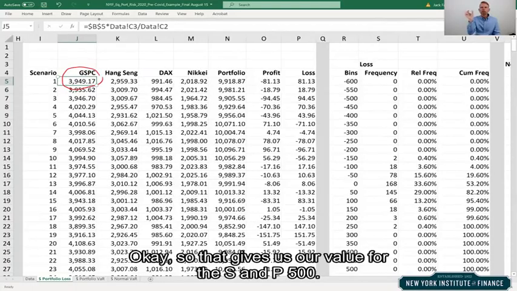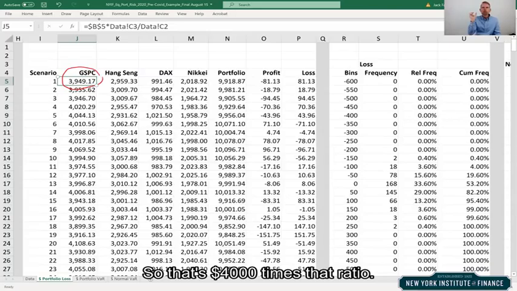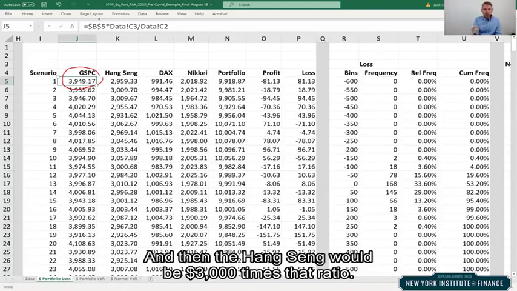Okay, so that gives us our value for the S&P 500. So that's $4,000 times that ratio. And then the Hang Seng would be $3,000 times that ratio.